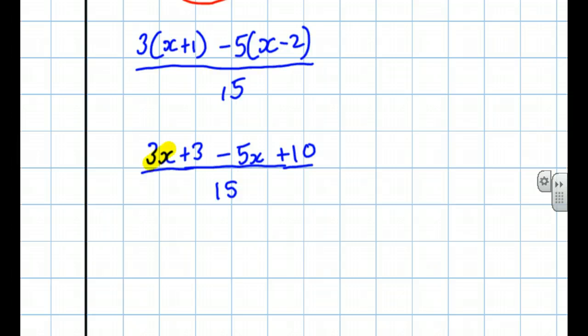Simplify the numerator, so gather together the x's. 3x take away 5x is minus 2x. And then gather together the constant terms, the numbers in the numerator. Plus 3 add 10 is plus 13.